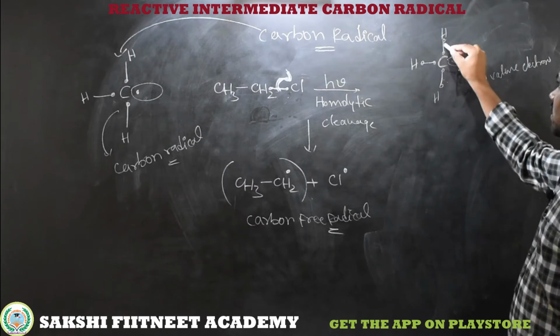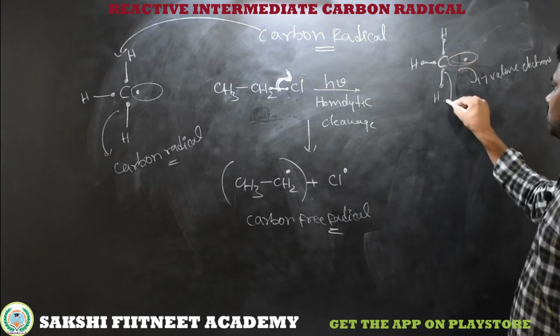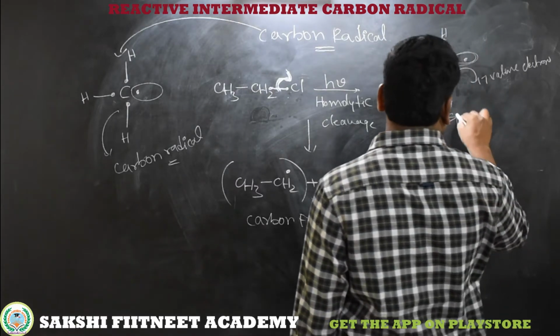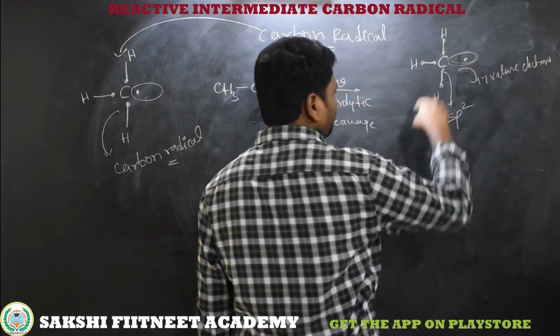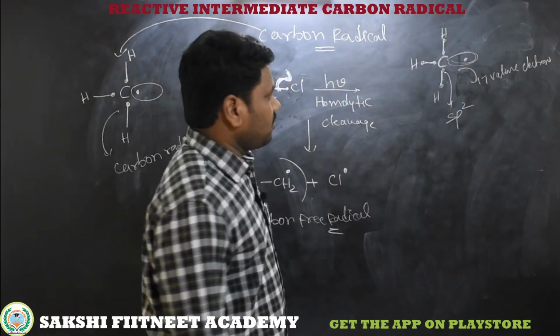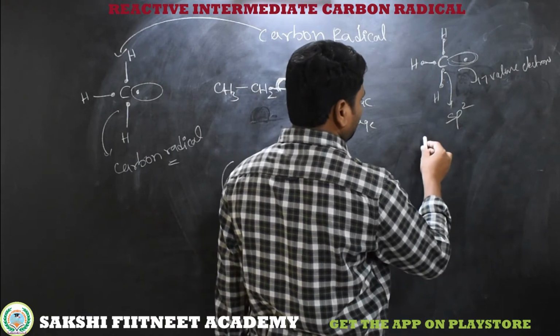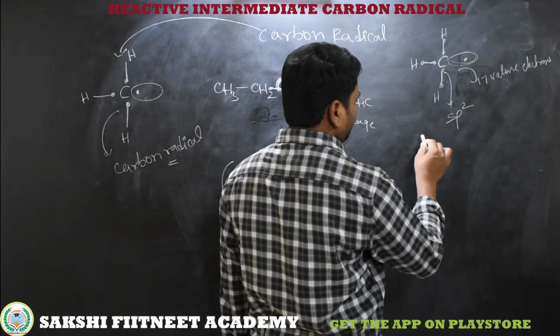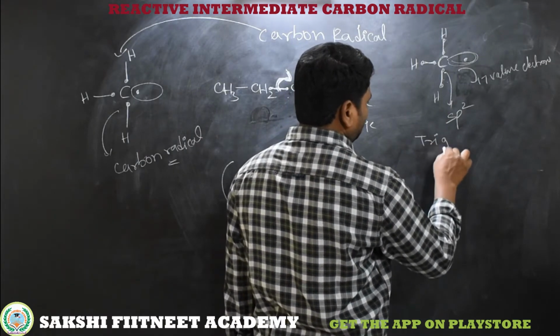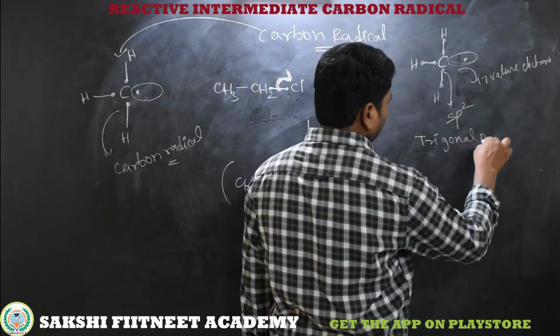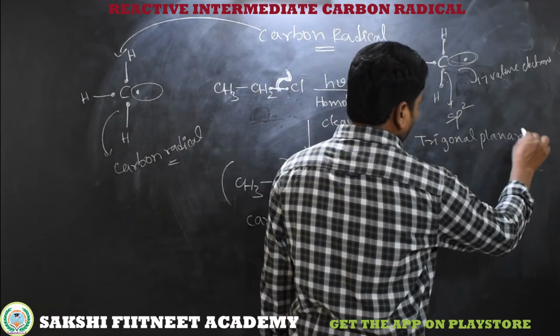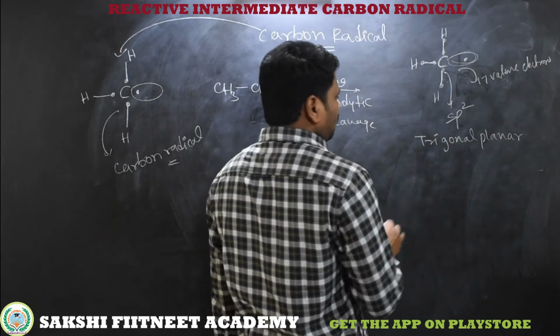And what about the hybridization? 1, 2, 3. It gives sp2 hybridization. What about this unpaired electron? It is unhybridized. So sp2 hybridization means, what about the geometry of this carbon radical? It's trigonal planar, with an incomplete octet.